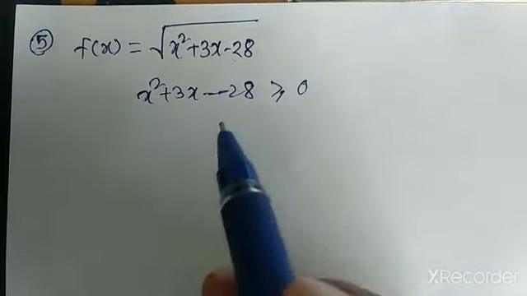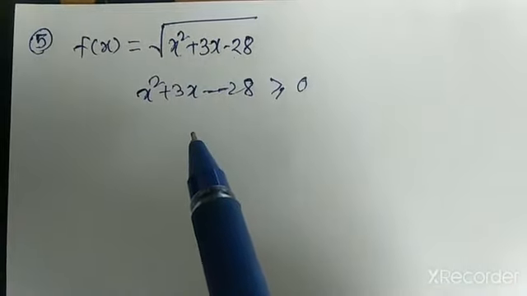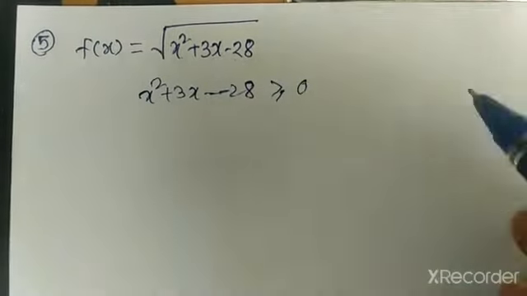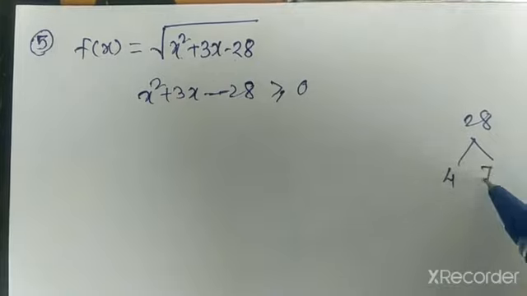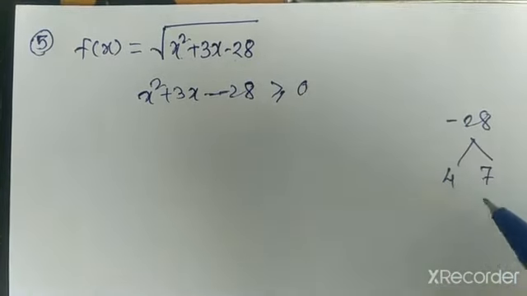Now if we solve this equation, the factors of 28 are 4 times 7, and since it is minus 28, the larger number takes the negative sign.